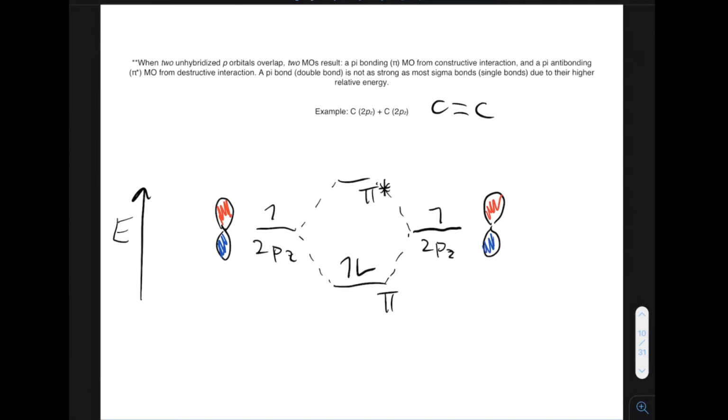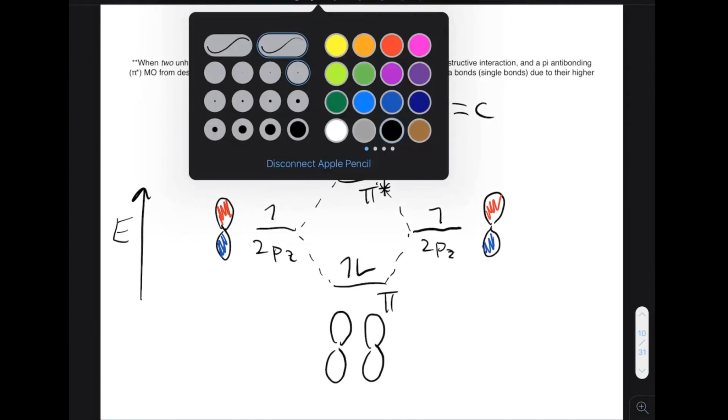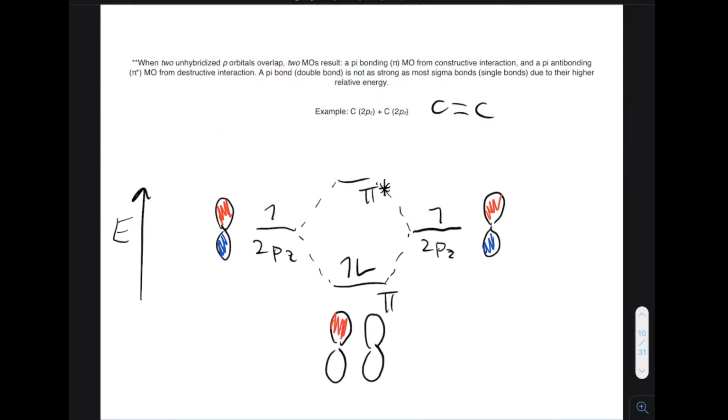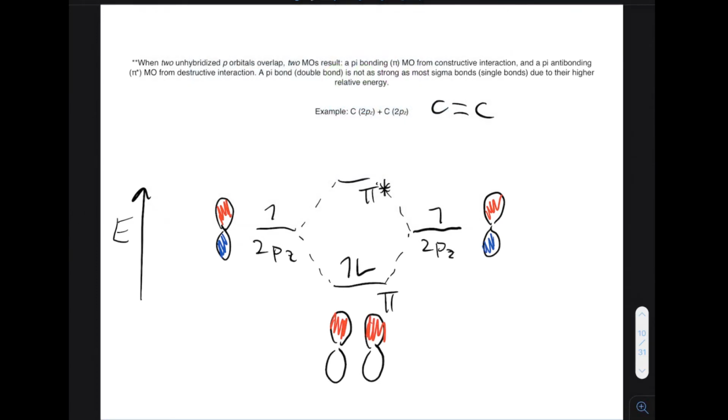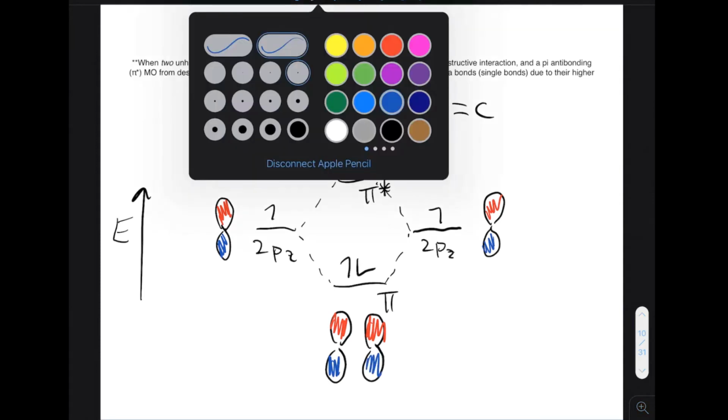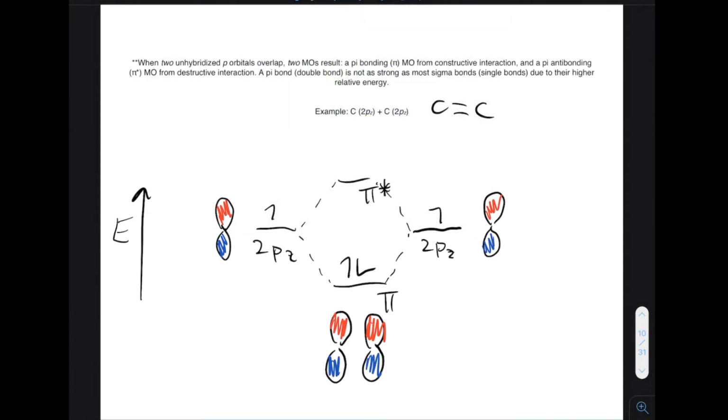So what does a pi bond look like when these orbitals come together? We saw it for the sigma bond in the hydrogen example. What does it look like here? So let's draw it. And again, the blue and red, like in the last example I showed, is just an indication of the phase of the orbital.